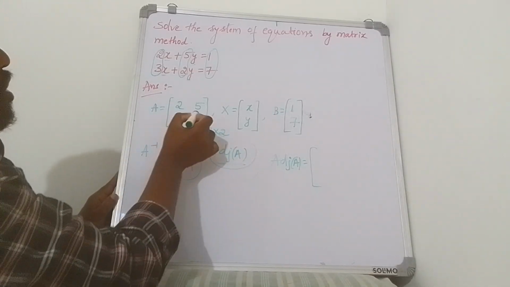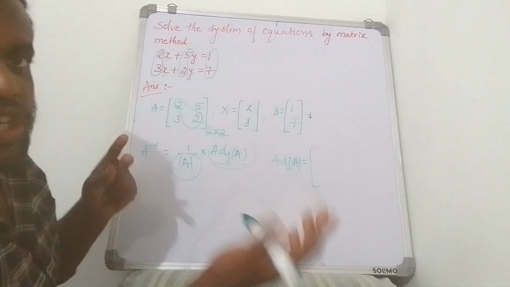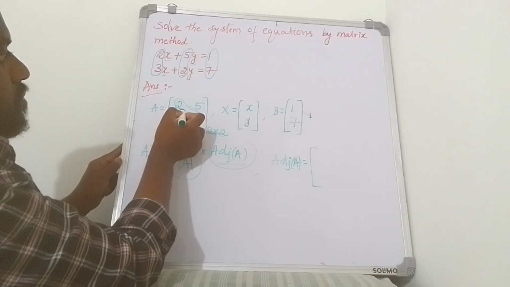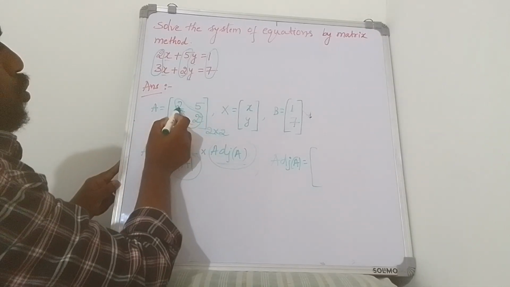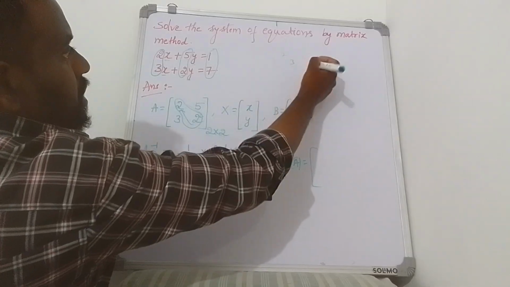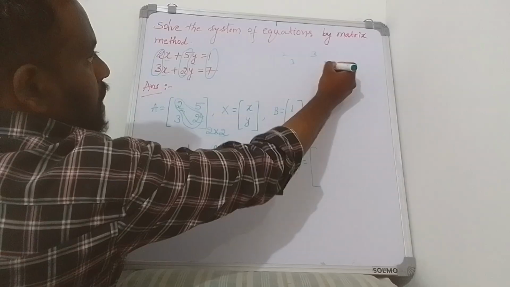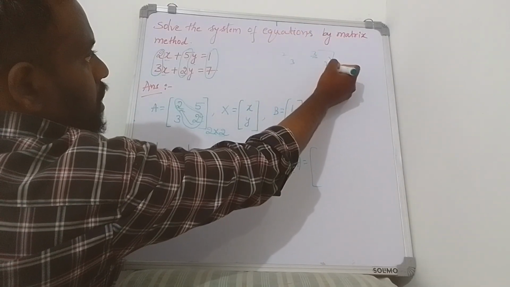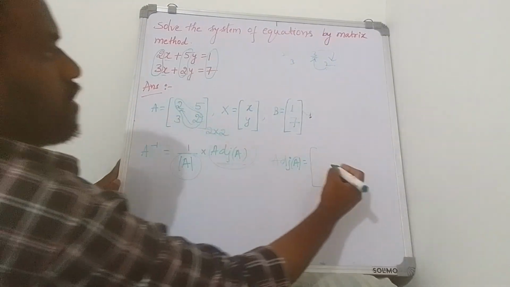What you have to do, consider these diagonal elements. You have to interchange them, that means this 2 comes here, this 2 goes here. For example, if we have 2, 3, interchanging means instead of 2, 3, we have to write 3, 2.